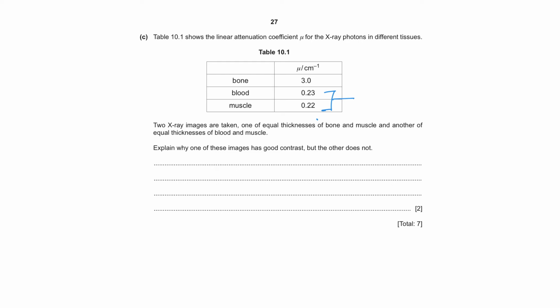Or we can see that bone and muscle have mu values that are far apart. They've got different mu values, very different mu values in fact. And that would result in a good contrast. So the mu value of bone and blood is very different.